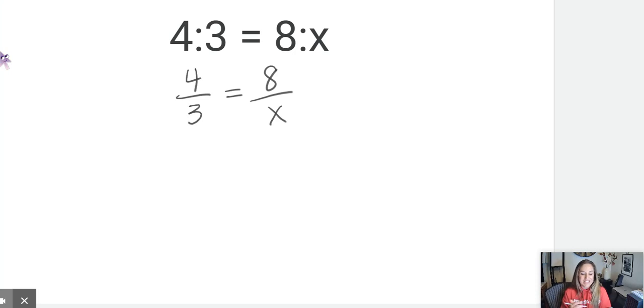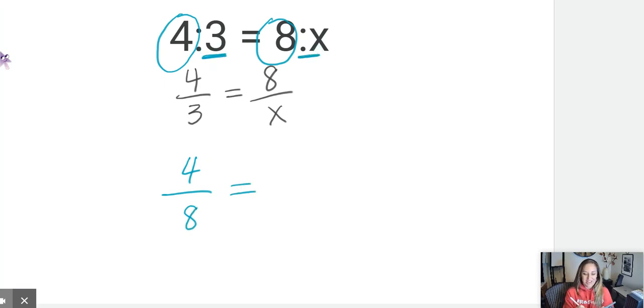This one's kind of easy to figure out, but I'm also going to write it a different way. I could put this number over this number instead. So 4 over 8 is equal to 3 over x. And let's do some cross multiplication and see what we get.